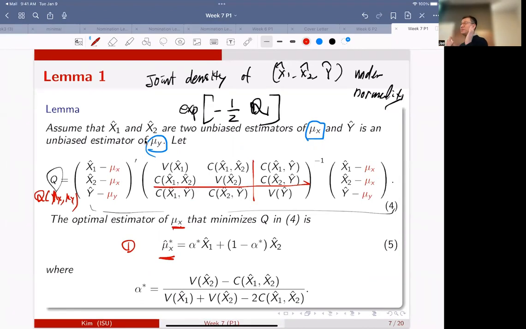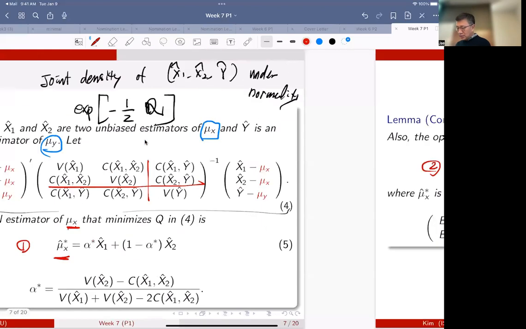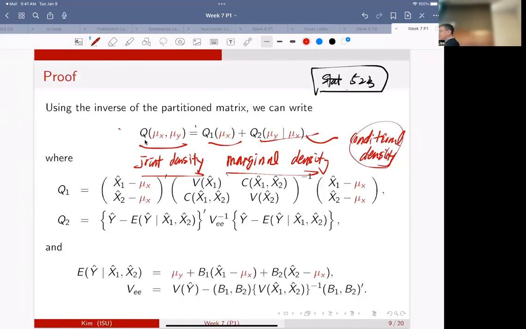But now, as statistics majors, we already know the formula for the Gaussian density, so we can just use it. So Q1 is nothing but the core of the marginal density, and Q2 is the core of the conditional density.